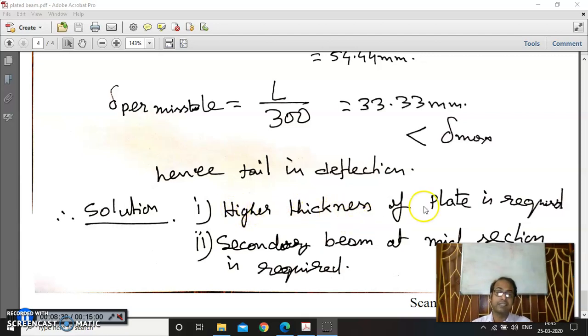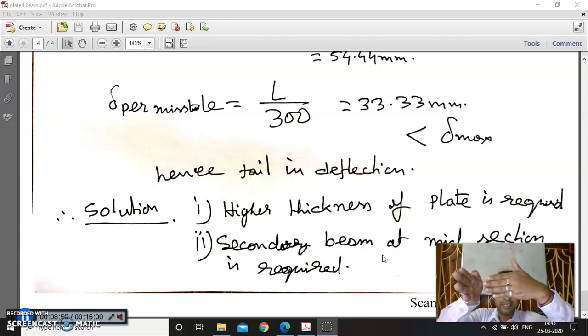We can provide a higher thickness of plate at the top and the bottom flanges, maybe 16 millimeter thickness, 20 millimeter thickness, etc. Or we can provide a secondary beam at the mid of the span. If the beam is having a span like this, we provide a secondary beam at the center. It will reduce the span of the beam, and the deflection will come down.